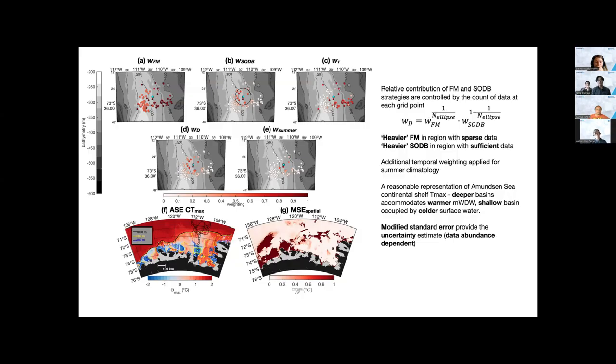We also provide a modified standard error to give the uncertainty of our climatology, which is based on the data abundance. Next slide, please.